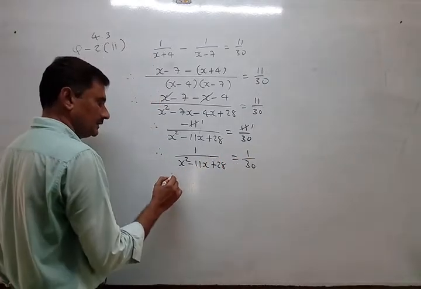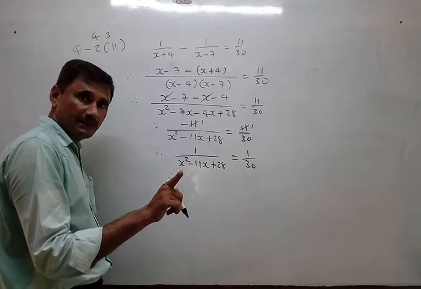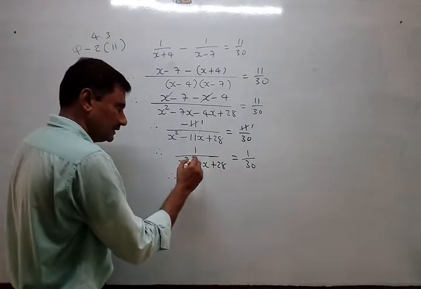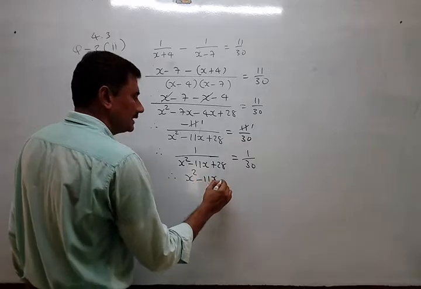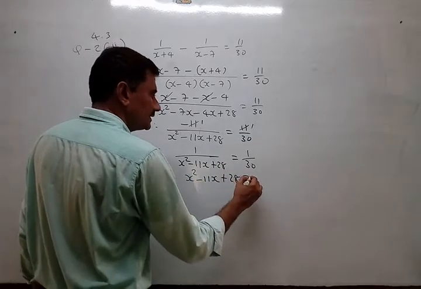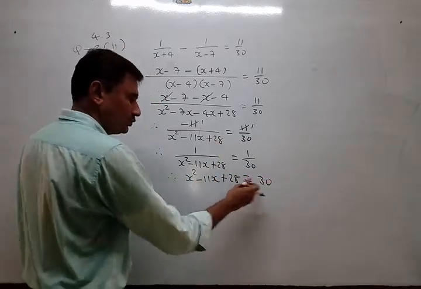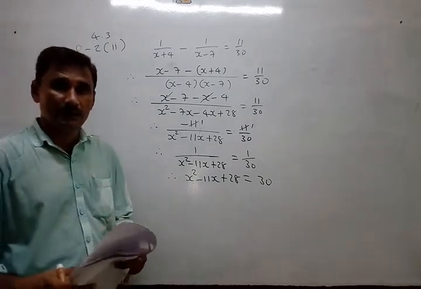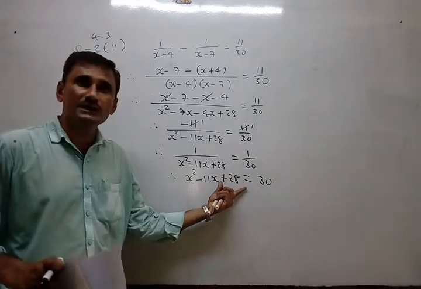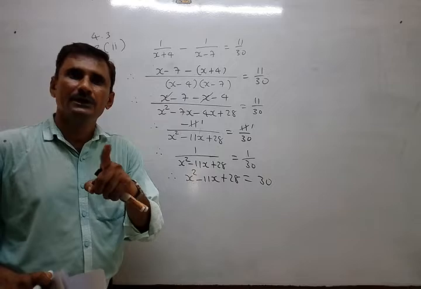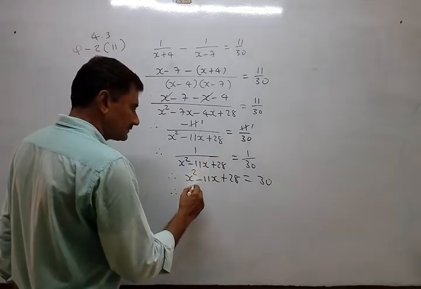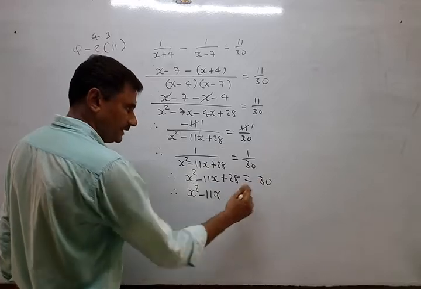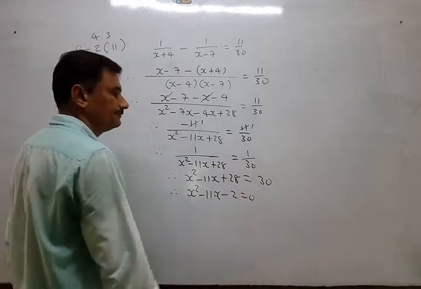Now just make cross multiplication, but not for LCM, for simplification only. So first of all into 1, so x square minus 11x plus 28 is equal to 30. So no denominator here because we are multiplying cross way, not for LCM, for simplification. So it will be x square minus 11x, 28 minus 30, minus 2.